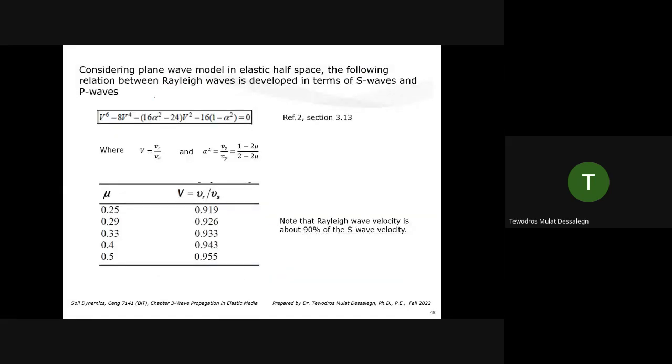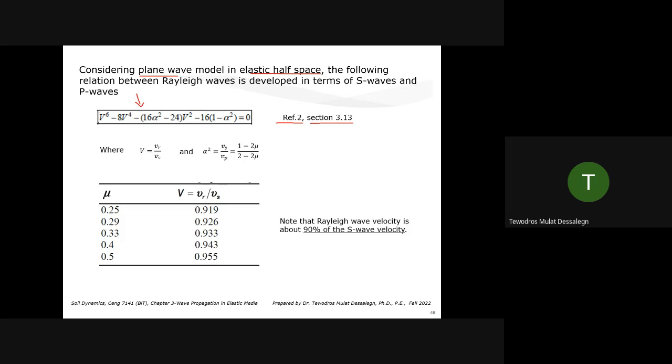So what Lamb developed is an equation for Rayleigh waves. You can see the detail of this equation in the reference, I think that's Das's book, section 3.13. So there is a detailed derivation of this equation. He considered a plane wave in an elastic half space, and he developed this.